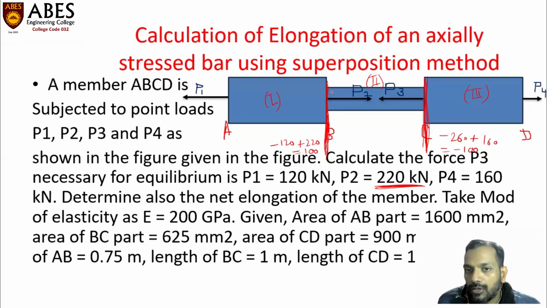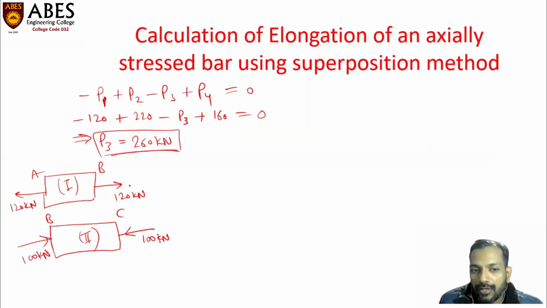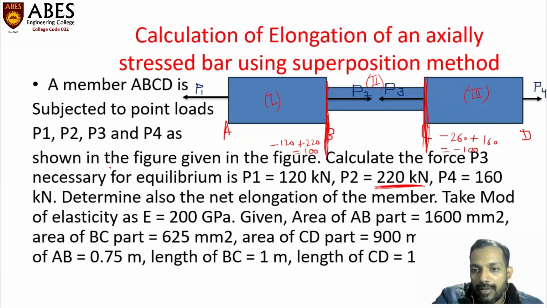Okay, so the total amount of force which is acting on this junction B is 220 kilonewton. Out of this 220 kilonewton, 120 kilonewton has been utilized by the first part for its elongation, and the remaining amount of force is utilized by the central portion.